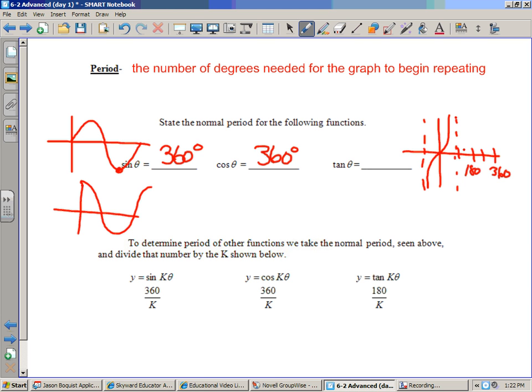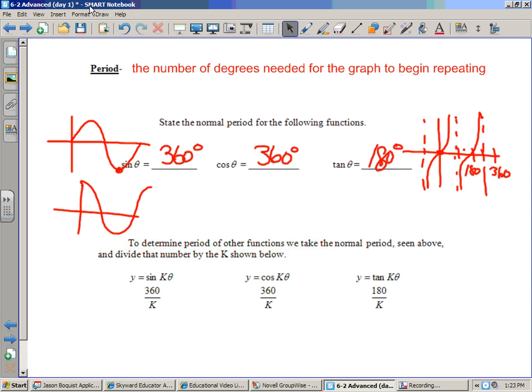Well, how often does it start over? In other words, if I started here, where is the next time it's coming up to that? It's at 180, correct? With any of them that have asymptotes, some people look at the asymptotes to find out how long until it starts again. So this one is 180.